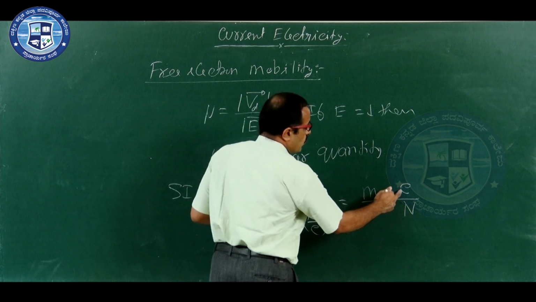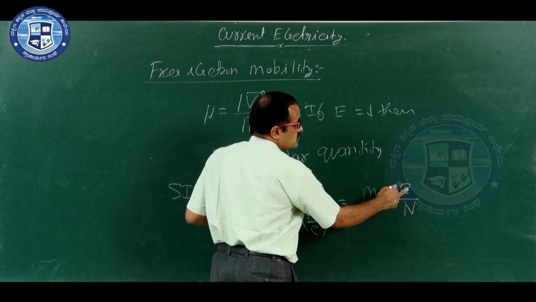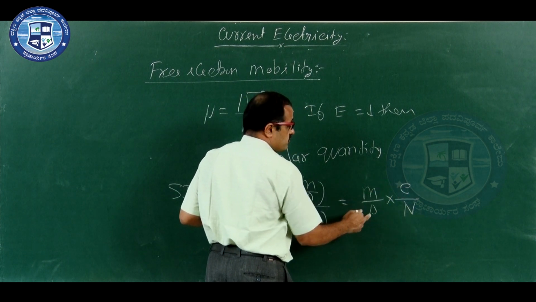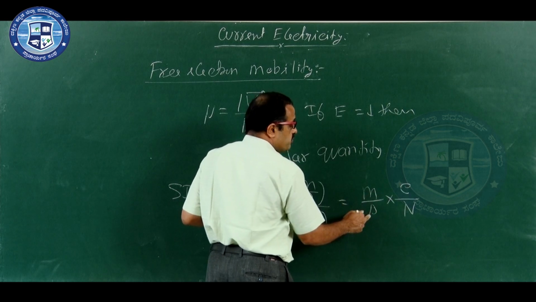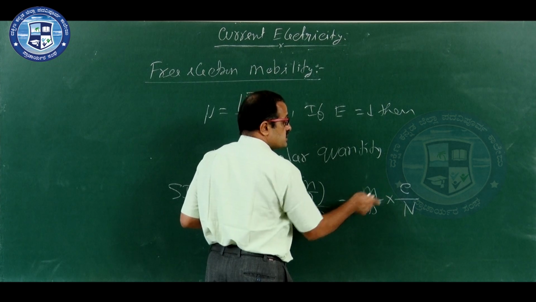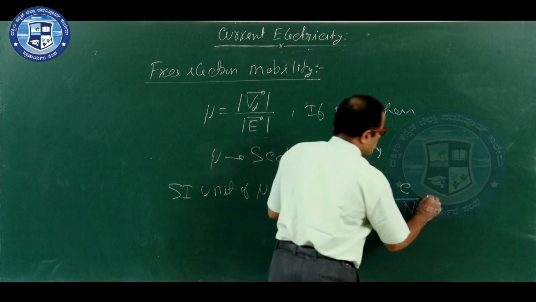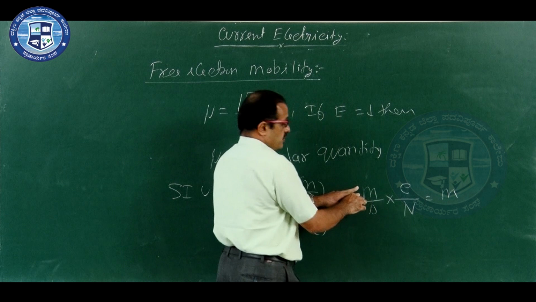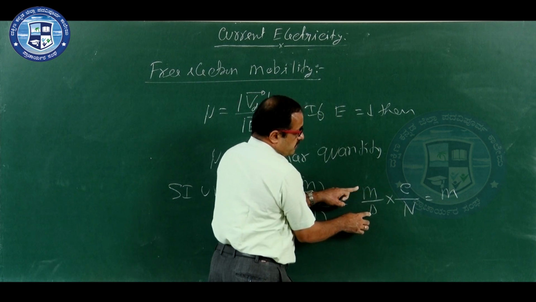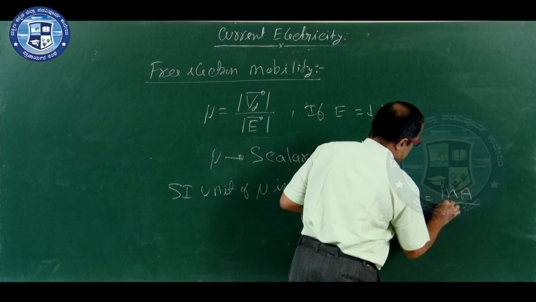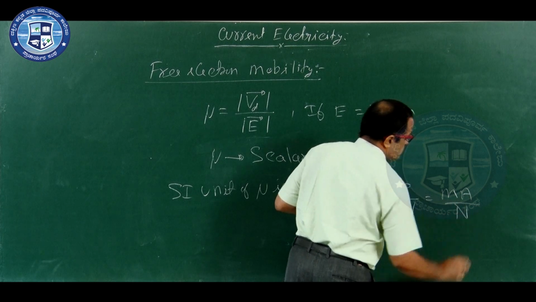But we know Coulomb divided by second, charge by time, is it not current? What is the SI unit of current? Ampere. Therefore, it is meter Coulomb divided by second, ampere divided by Newton.